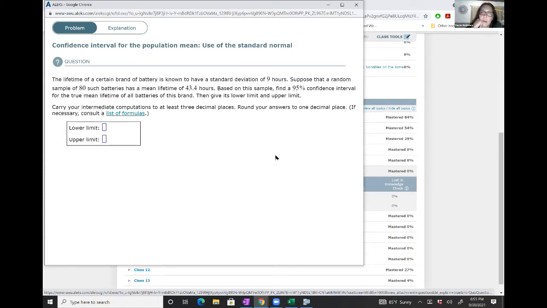And what's the sample size? 80. Look at the first sentence and look for the standard deviation. 9 hours. All right.